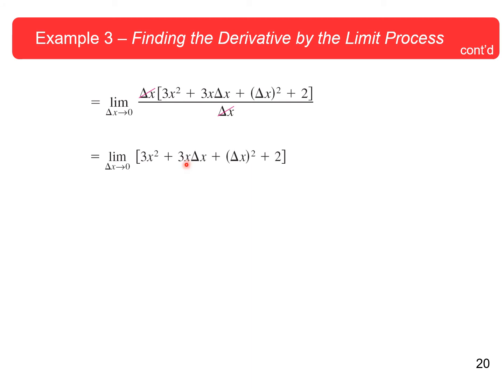So when you take the limit of the remaining expression, this term just goes to 0. This one will just go to 0. So therefore, the limit of 3x squared plus 3x delta x plus delta x squared plus 2 is just equal to 3x squared plus 2.